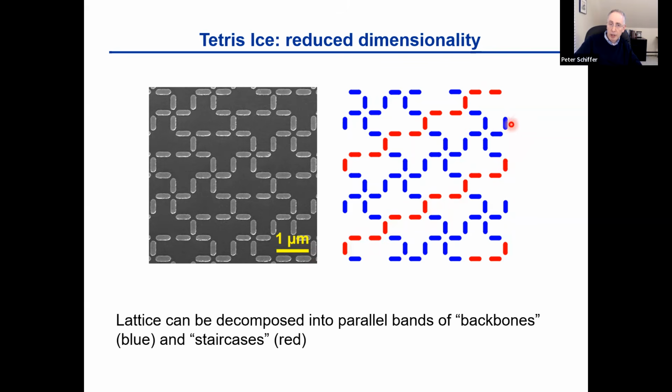And the blue ones we call backbones, because they look a little bit like the vertebrae of an animal. So you can divide up this lattice into these 2 types of one-dimensional structures. Even though it's a 2-dimensional lattice, it really breaks down into a lower dimensional system.